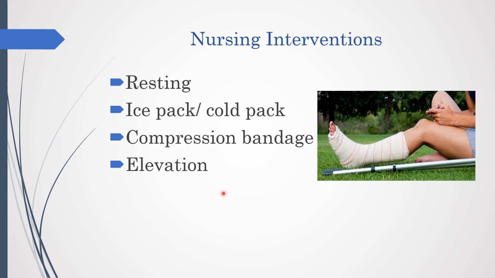If you look at rest, ice pack, compression, elevation, we go with RICE. The abbreviation R stands for resting, I stands for ice pack or cold pack, C for compression bandage, you can see this is a type of compression bandage, and E for elevation to reduce the edema and pain.